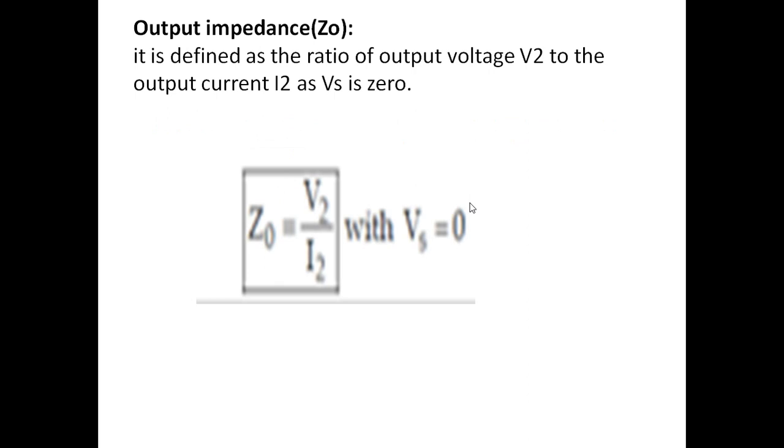Next term, output impedance ZO. It is defined as the ratio of output voltage V2 to the output current I2 as Vs is 0. When the input signal is 0, that is open circuit, what is the value of output voltage and what is the value of output current? The ratio of output voltage to the output current is nothing but output impedance.